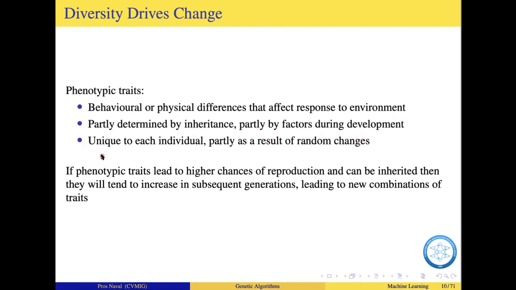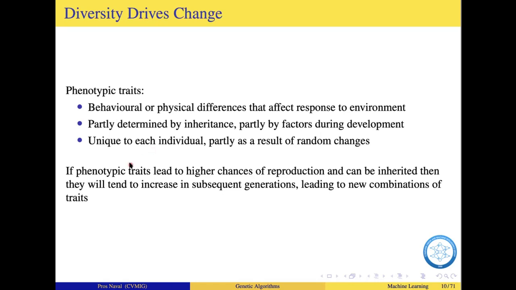And these traits are unique to each individual, partly as a result of random changes. So even if you have identical twins, for example, these identical twins are actually not going to be the same anymore after many years, because although they have the same genes, the environment also affects them in some way, and that's when you see the differences.